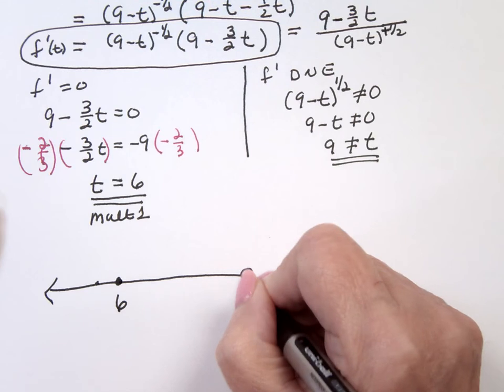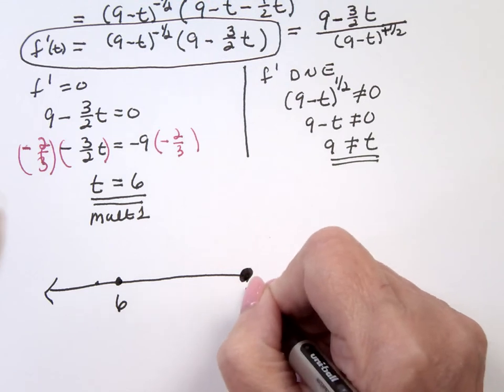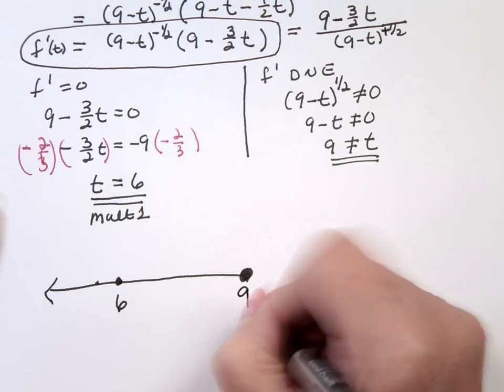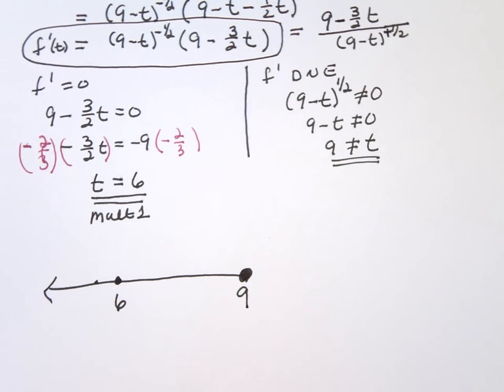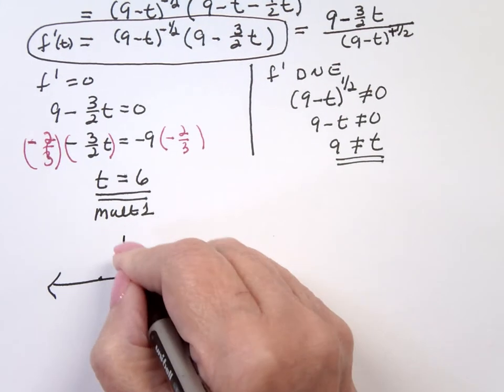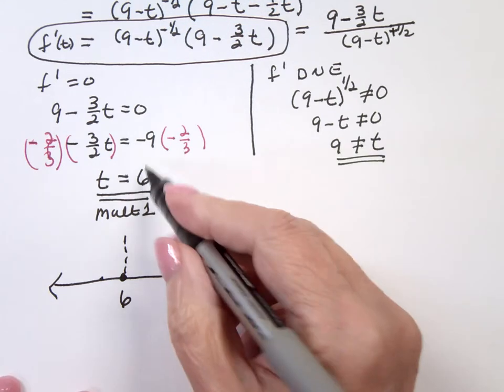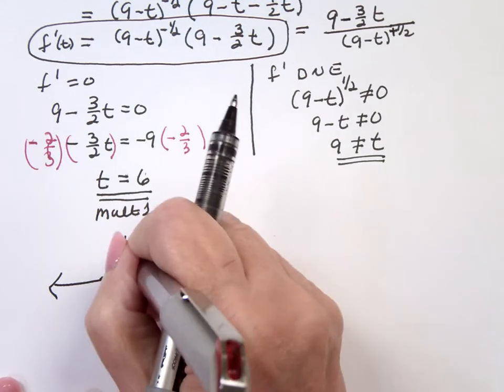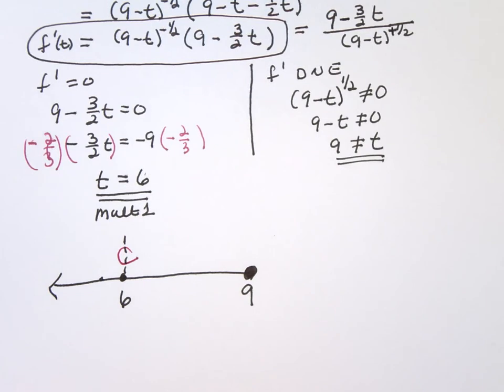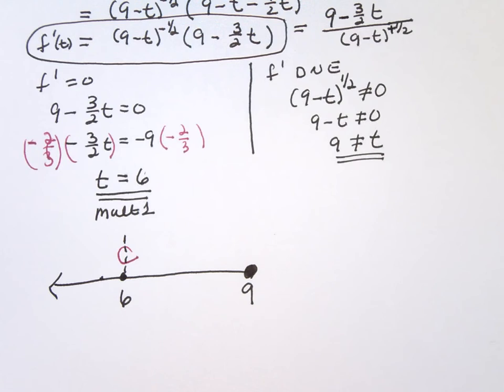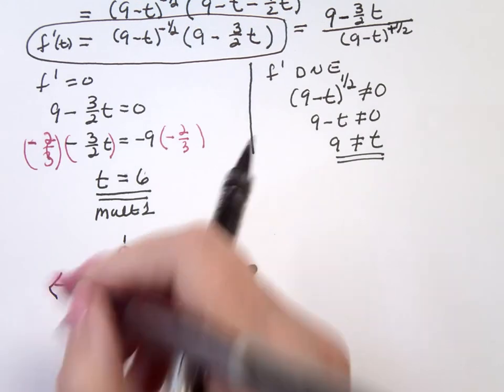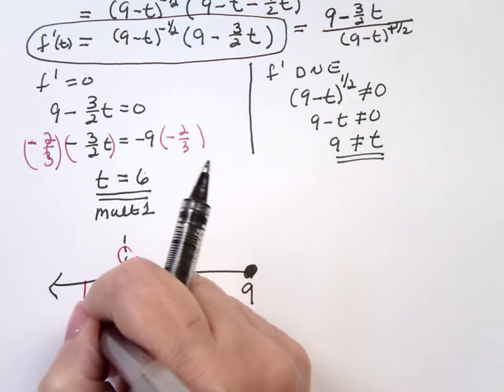It's got a solid dot at what number? 9. At 9. And I know that 6 is multiplicity 1, so I have a change across 6. So now I just need to pick a number. My favorite number is available to me, and that's 0.